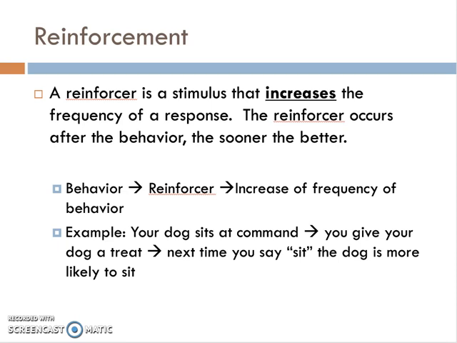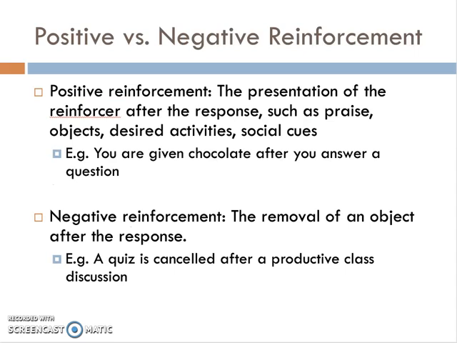This is how we train animals, but these same principles can be used when we're working with people, because people too respond to reinforcers. Okay, so we have positive and negative reinforcement. Now, please keep in mind, negative reinforcement is not the same thing as punishment.